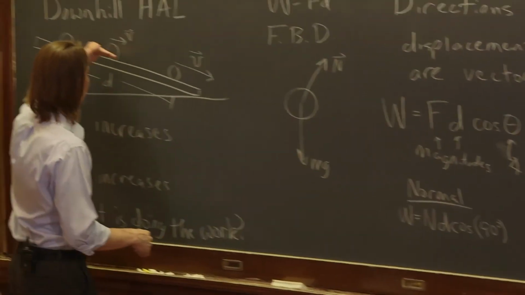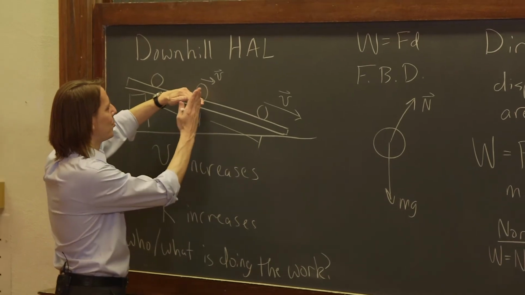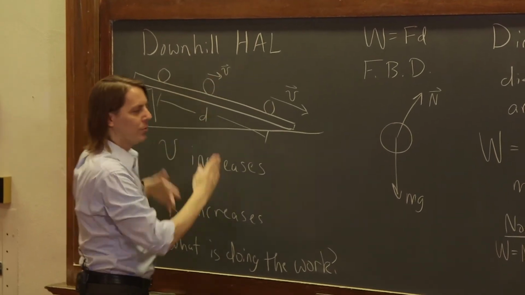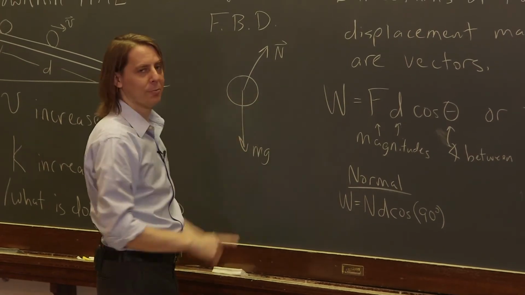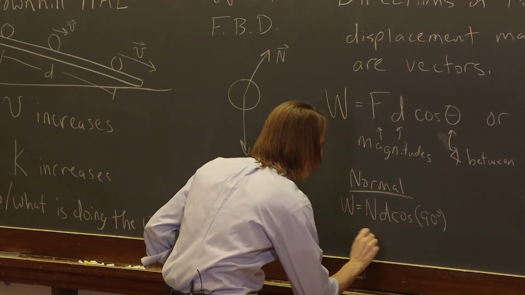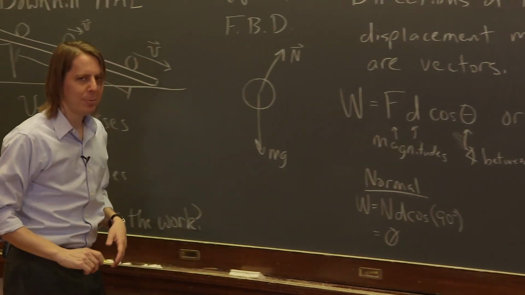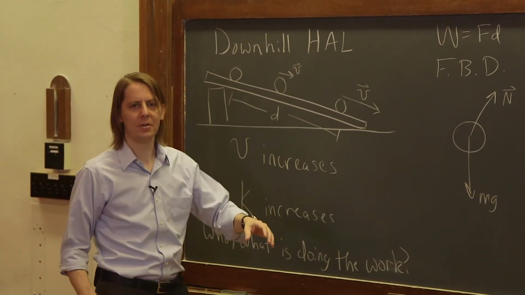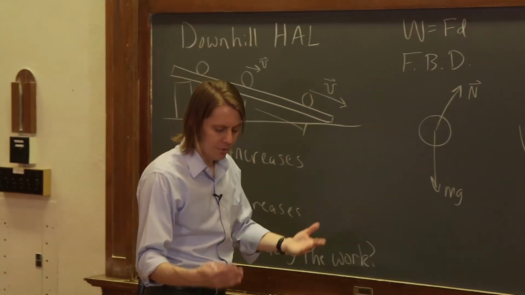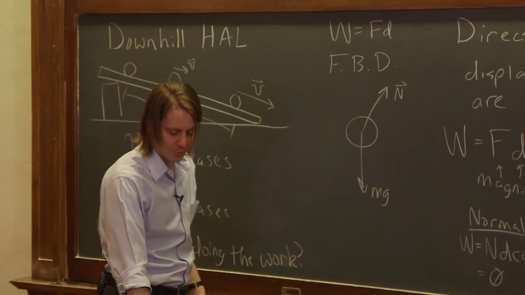If you move along the surface, your d is always along the surface. If your normal force is normal, the cosine of 90 degrees is 0. The dot product of two perpendicular vectors is 0. So the work by the normal force is 0. A normal force can't do work on something sliding along it, just because it's pushing the wrong way. That's what's keeping it up.